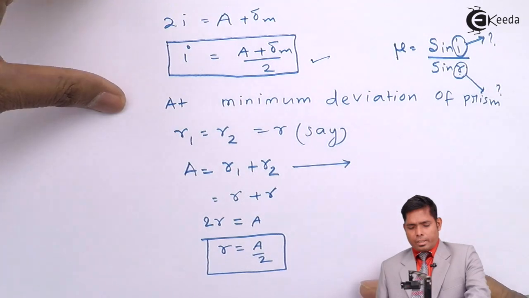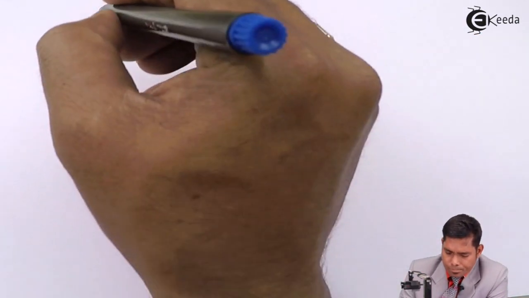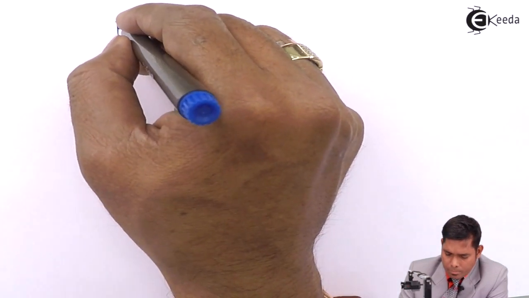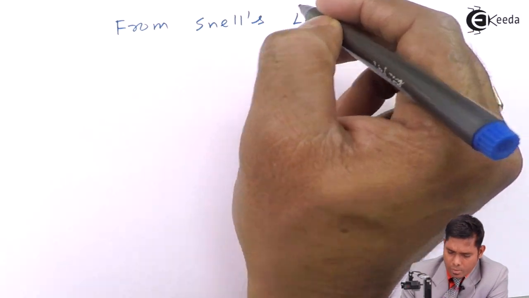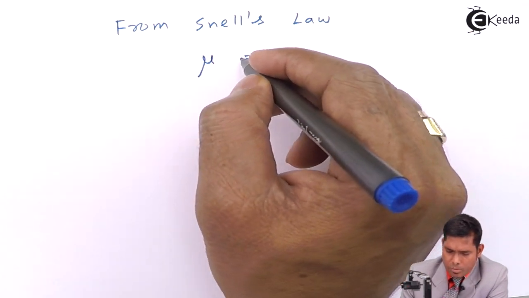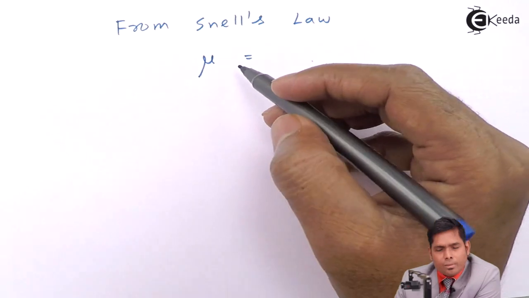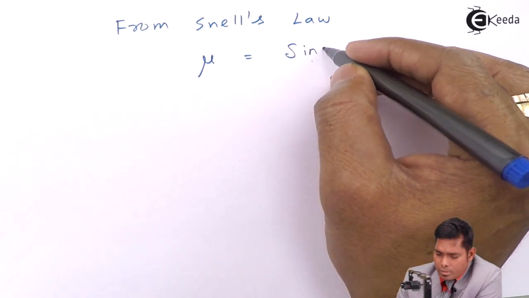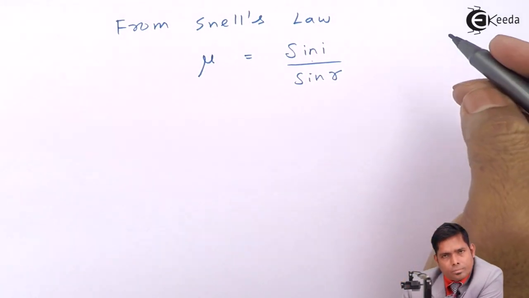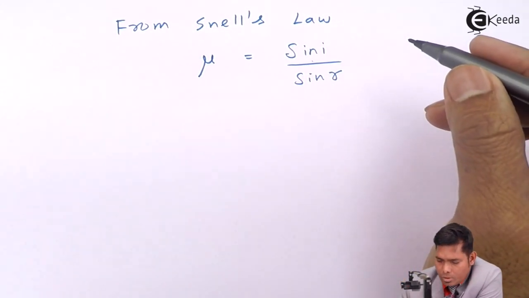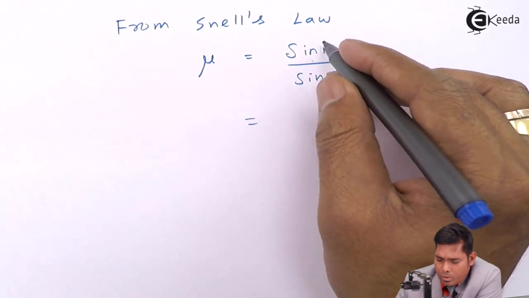So what is that? The angle of the prism is A. So the prism formula, from Snell's law, the refractive index of the prism material is mu equals sin I upon sin R. And what I did you get here?